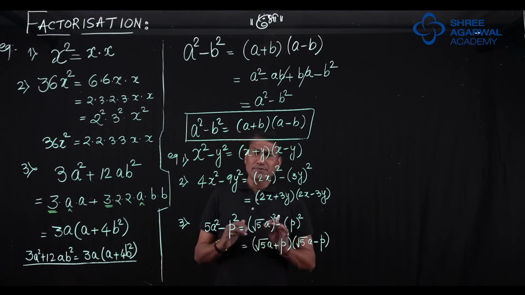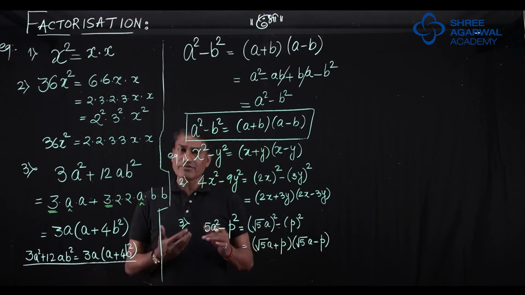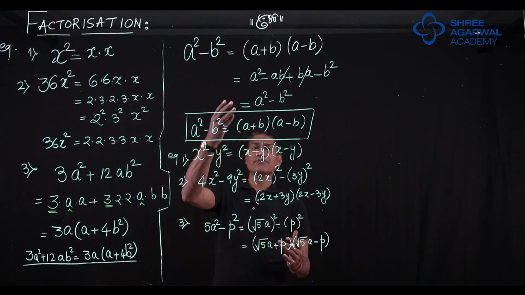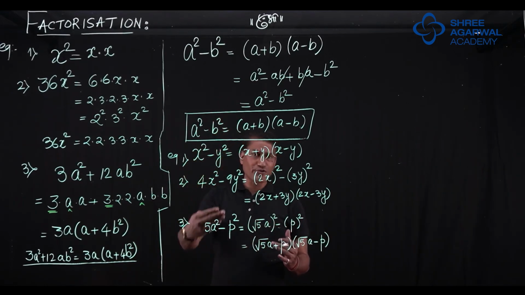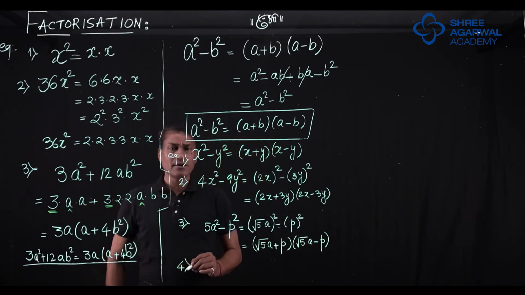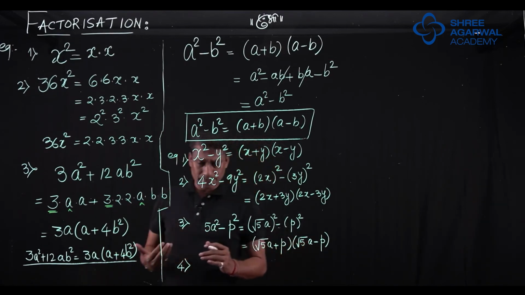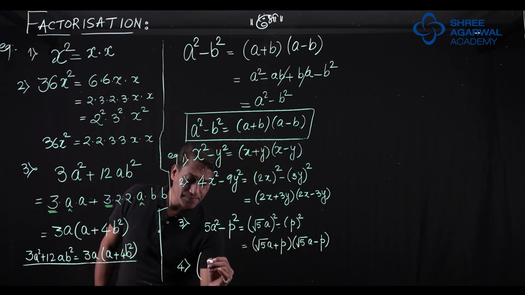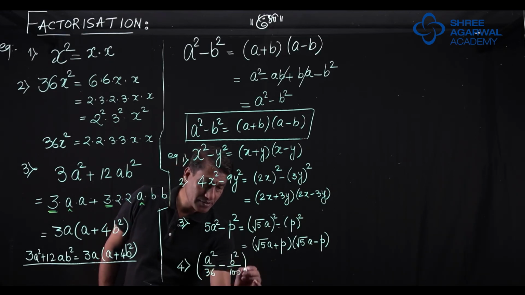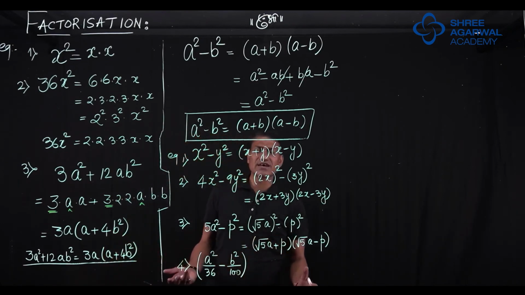There will be many such examples wherein we can write the factors very easily if we follow this pattern, if we follow this formula. I will take one more example for your understanding, because then things will become clearer. Suppose I say a square upon 36 minus b square upon 100. Well, fractions have come.